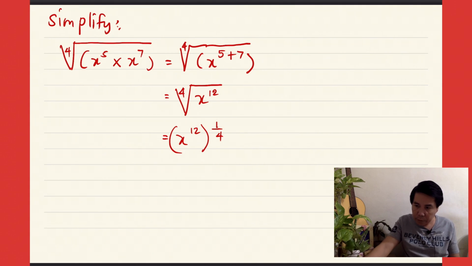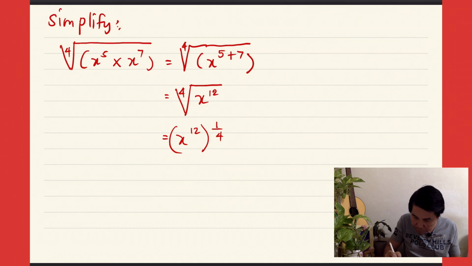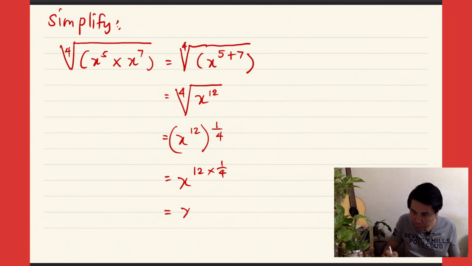Then what we have now is x and then 12 times 1/4, which is equal to x, a quarter of 12. 12 times 1/4 is 3.